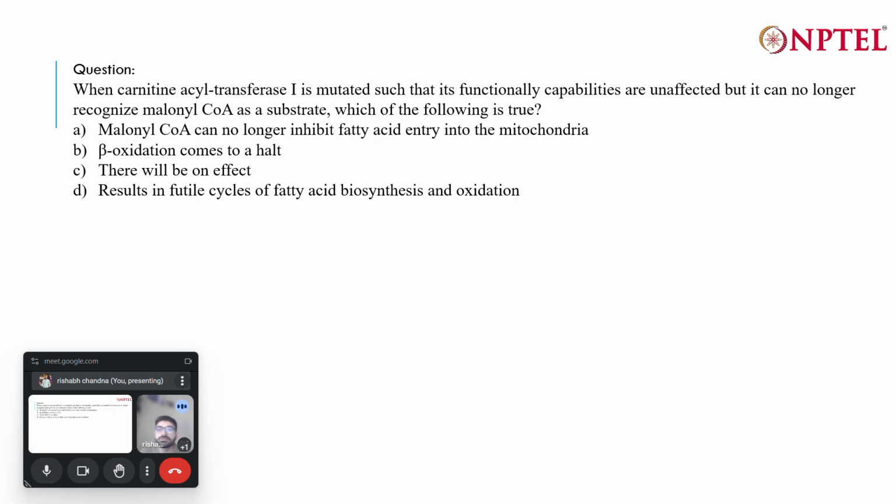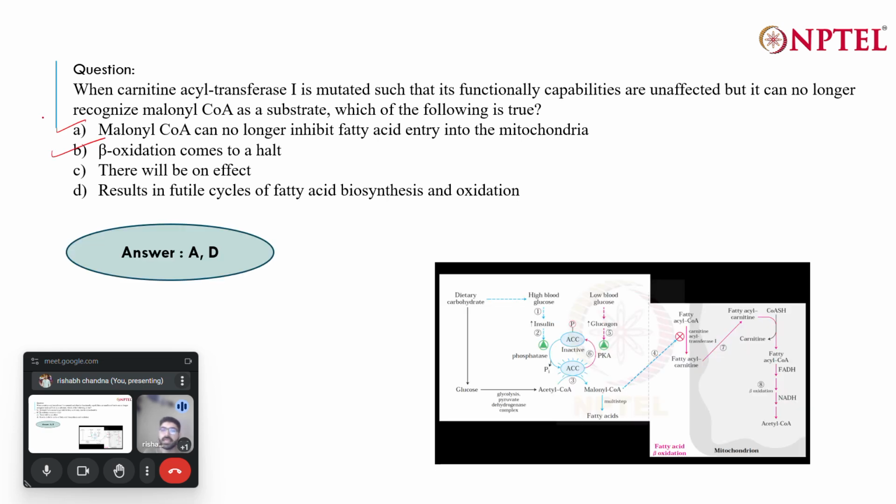Okay, so A and B. Okay, so let's see the answer. It's A and D. So, as we know, malonyl coenzyme A negatively regulates carnitine acyltransferase 1.